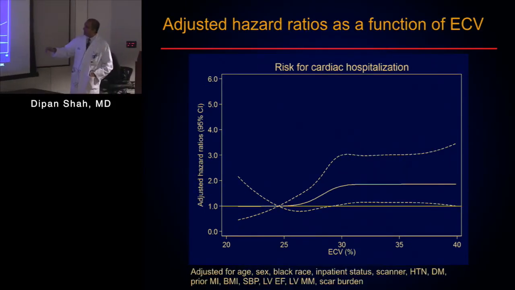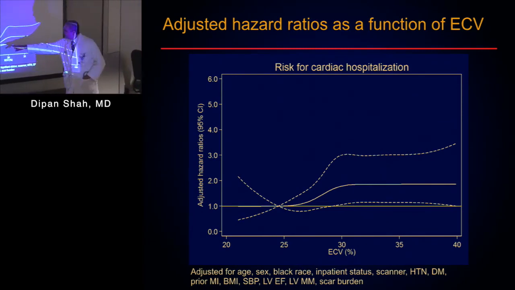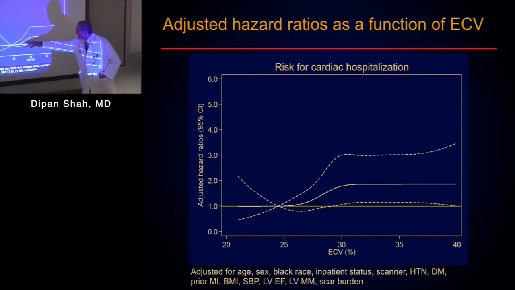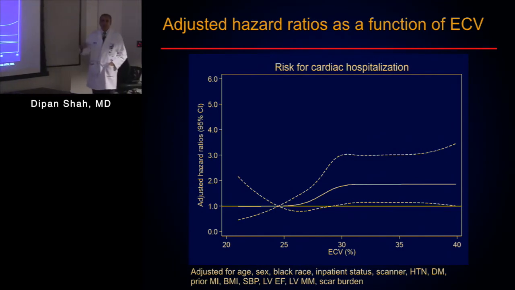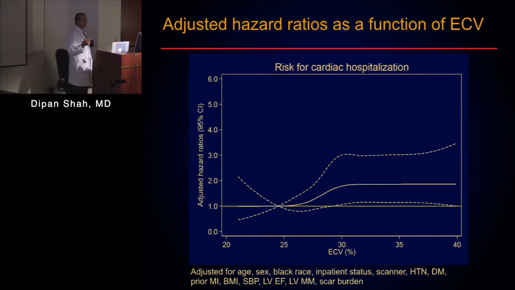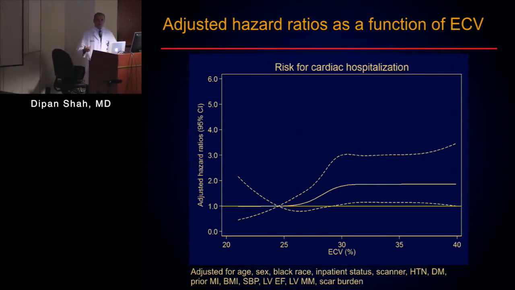And it looks like, again, that there's some level at which, as it increases, you begin to have an increased likelihood of events, but then at some point it plateaus out. And that may make sense because if you have 40% or 35% fibrosis within the myocardium, again, interstitial fibrosis, there may be some threshold at which you're not going to see further bad outcome because you may already have a very bad outcome to begin with.